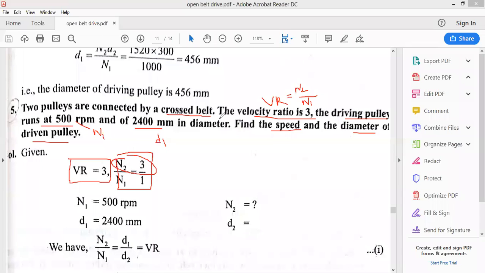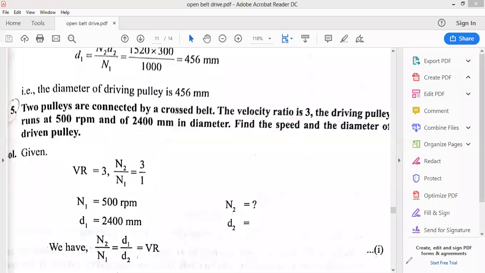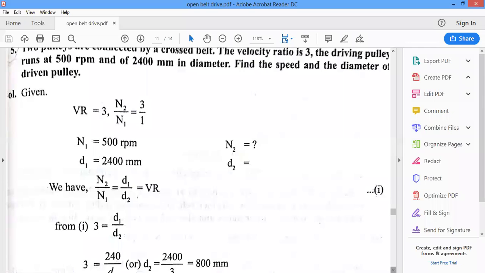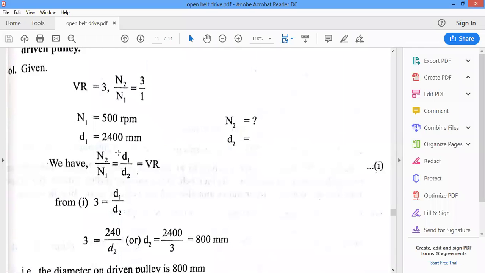With this we shall go ahead. N2 by N1 is equal to D1 by D2, and N2 by N1 is nothing but 3 by 1, which is 3. Out of D1 by D2, we know D1.